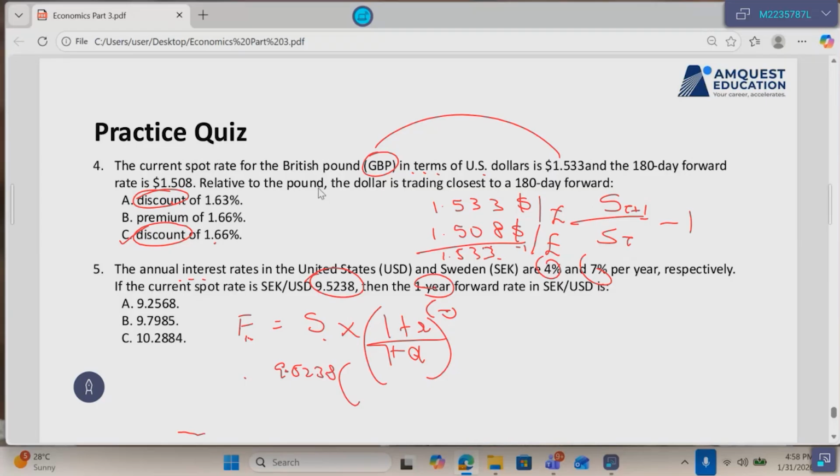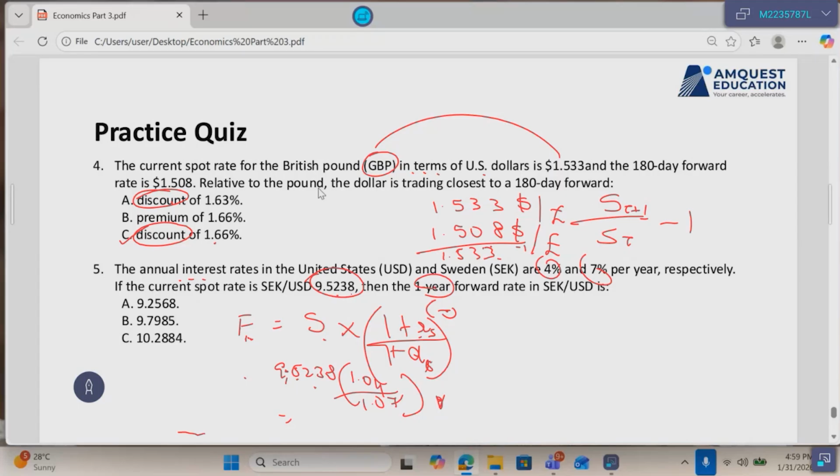Now the spot is going to be in terms of what? SEK per dollar, right? SEK per dollar. So I'll do spot into 1 plus the rate of SEK upon 1 plus the rate of the dollar. For SEK the rate is 1.04, for the dollar 1.07. That's it. Clear? Solve the answer and see what you got.